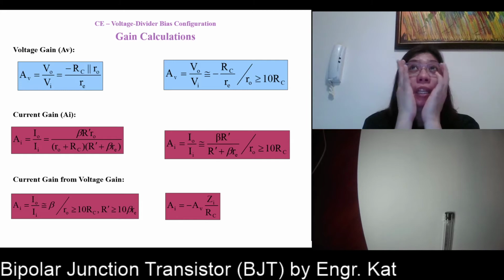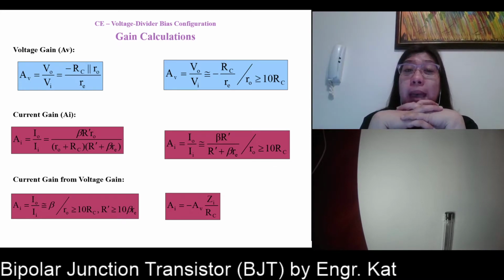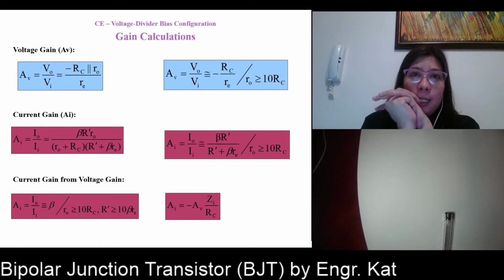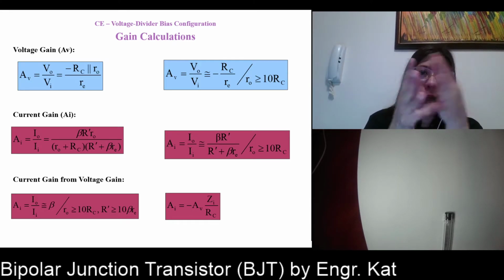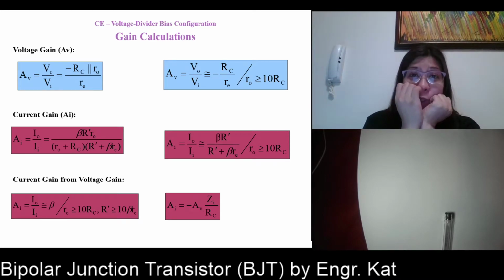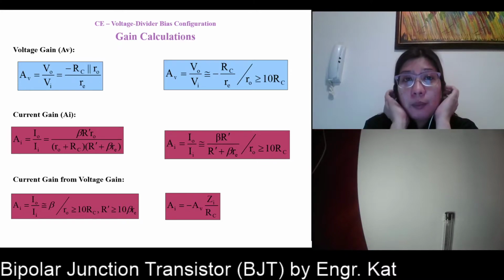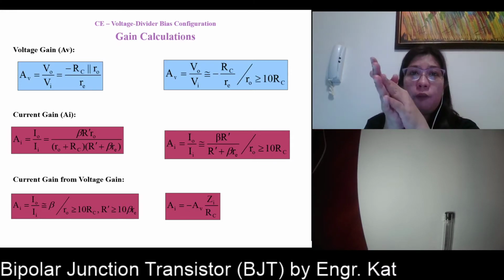So that means that both fixed bias and voltage divider in the AC analysis portion are just the same. The performance of the fixed bias is just the same as the performance of the voltage divider.